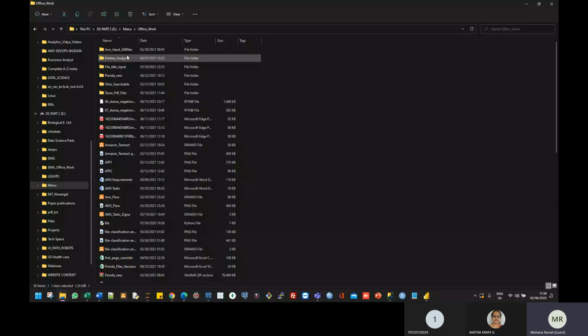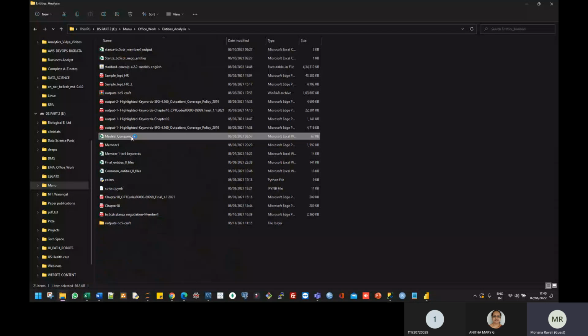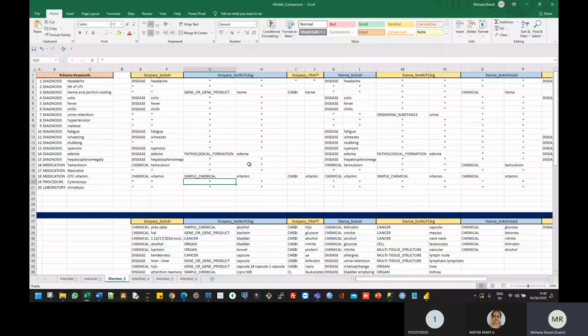In this model comparison, if you see, I took a smaller file here. In this file, it is able to identify only these. Actually, I want all these words from that file. These are the actual keywords I want, the total keywords. So which model will give me the maximum keywords?